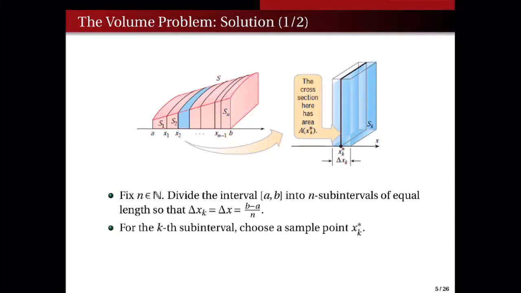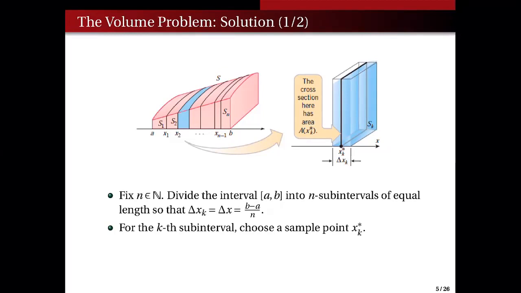And then for the kth subinterval, we choose a sample point. For example, in here, this is our kth subinterval. We choose a sample point, and then we evaluate this sample point on the area function. That's what we know. The area function gives you the area at that particular cross section. Using that, you construct the rectangular box.